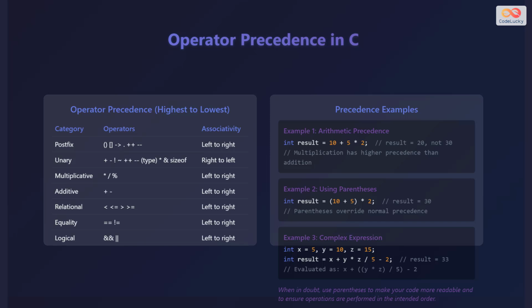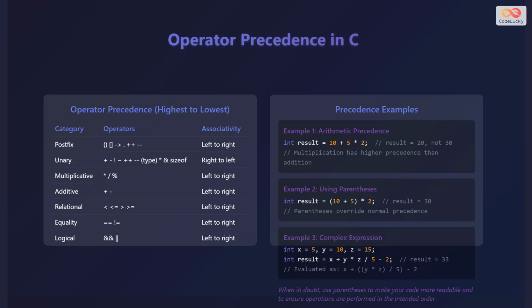Logical operators, such as logical and and logical or, are evaluated from left to right. Assignment operators, such as =, +=, -=, *=, /=, and %=, are evaluated from right to left.